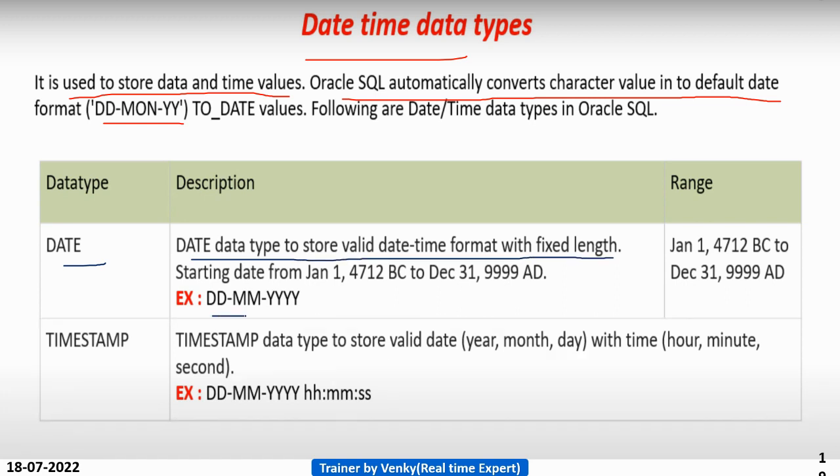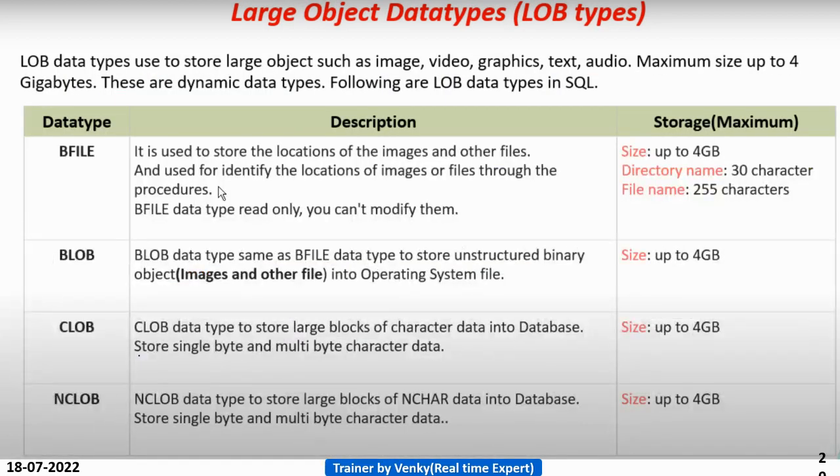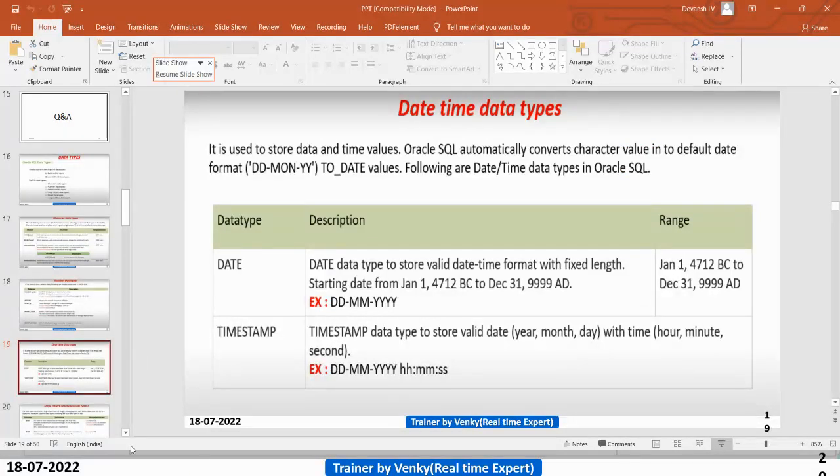This is the valid format: DD-MON-YYYY. The timestamp data type stores the valid date, year, month, day with time, hour, seconds, like this. Clear?